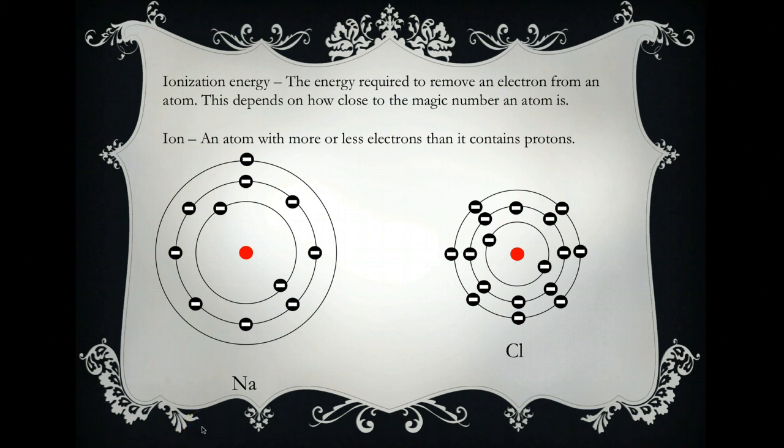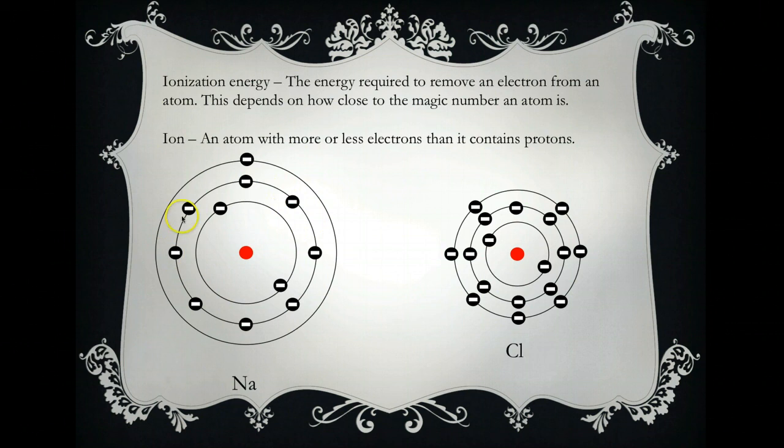So how easily does an atom give up its electrons? Well, if we look at sodium here, sodium has 1 electron in its valence shell, and it wants 8. But let's look at the shell that's right underneath that. It already has 8.